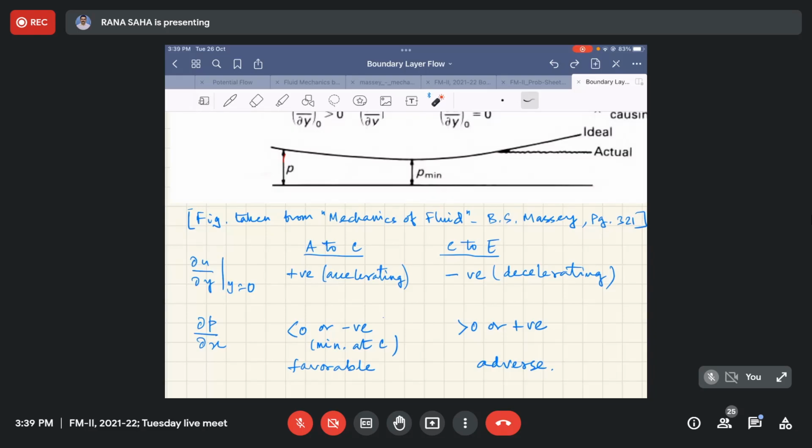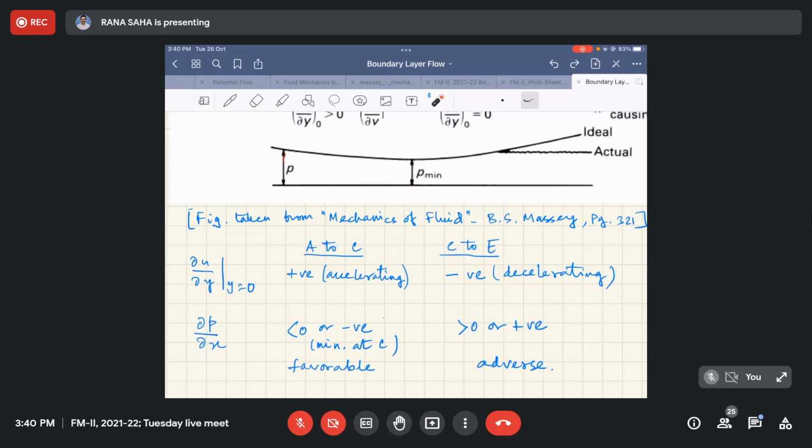Or in other words, you are having del P del x greater than 0, or positive, from point C onwards. That means in the direction of flow, as you go onwards, you are experiencing more pressure. That indicates that flow is being resisted, isn't it?